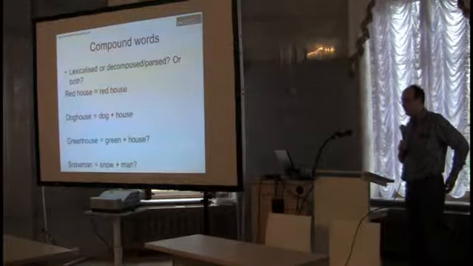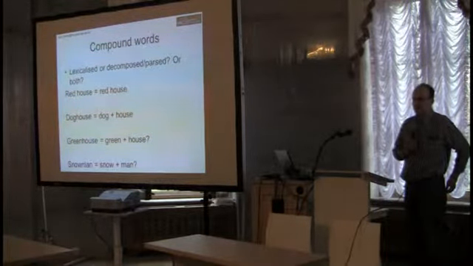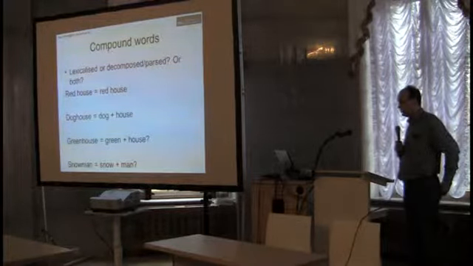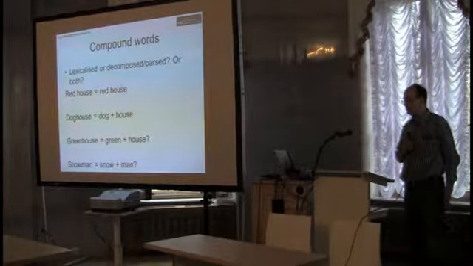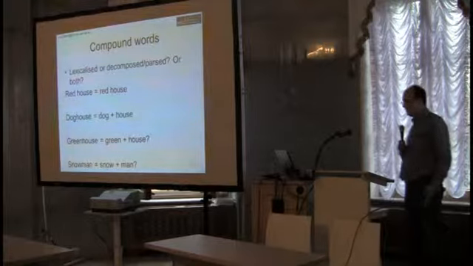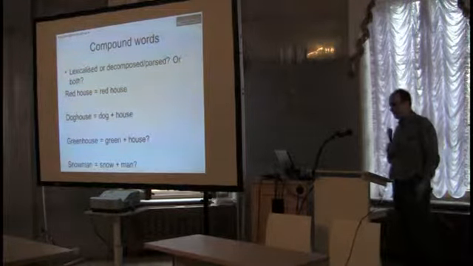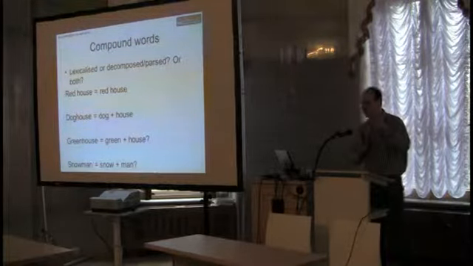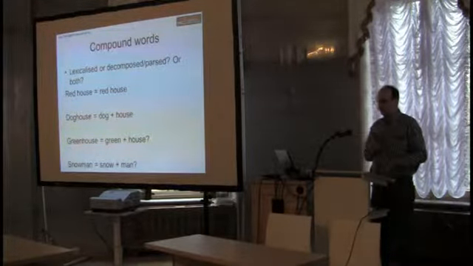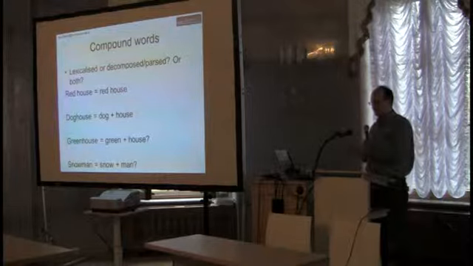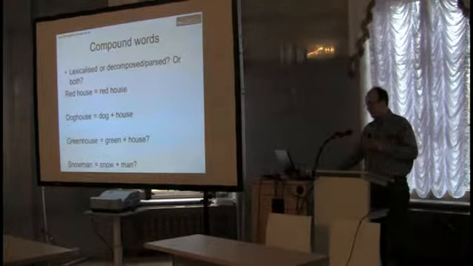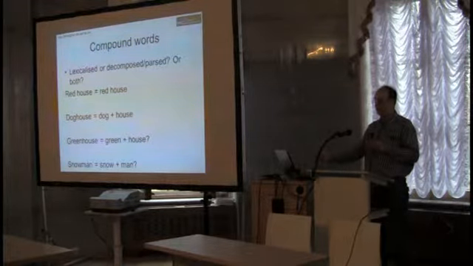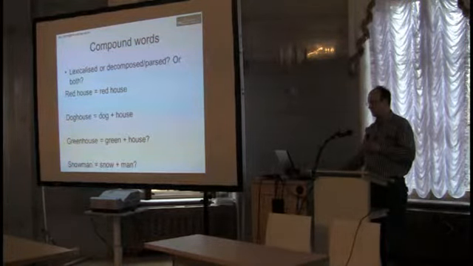Are they lexicalized as big single representations, or do we decompose them into parts, or do we do both, perhaps, as we discussed in relation to derivational morphology? It's easy to decompose red house. It's easy to say that red house is red house. They're two separate words. So maybe you selectively parse this.